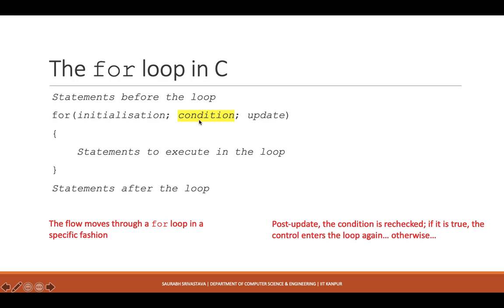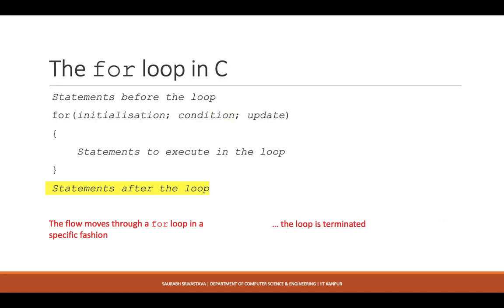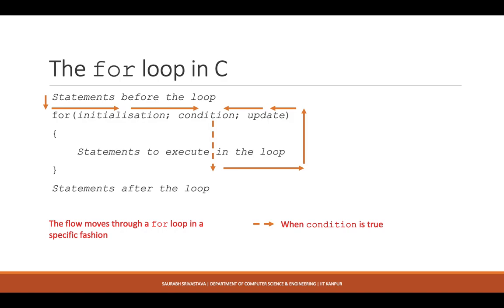Now this is how the loop actually works. Again, the condition is checked. If it is true, you again enter the loop. Otherwise, if it is false, you go out of the loop. So this is one way to understand how the loop actually works.